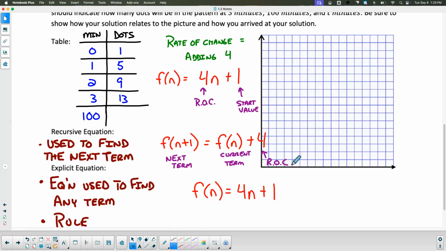My next term is equal to my current term, and however my rate of change is. In this case, my rate of change was adding 4, so it's plus 4 there. Questions on that?